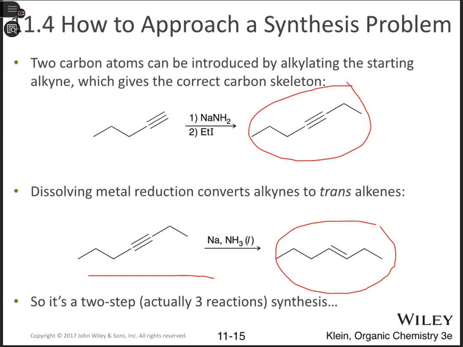What happens when you have a terminal alkyne and you add NaNH2 to it? You will deprotonate it to form the alkynide. And then this molecule, when you react it with ethyl iodide or ethyl bromide or ethyl chloride, it will add how many carbons?